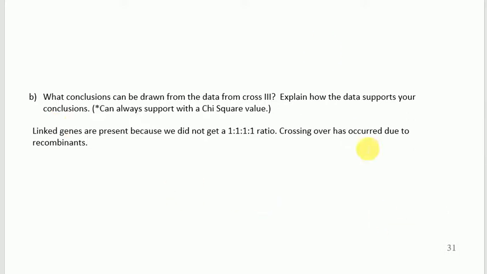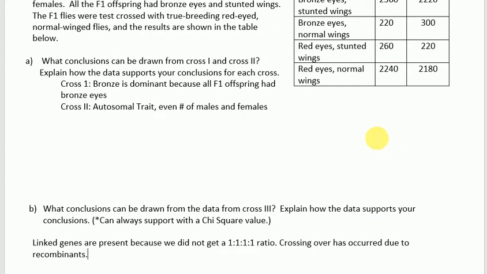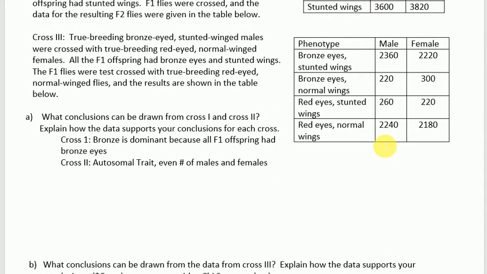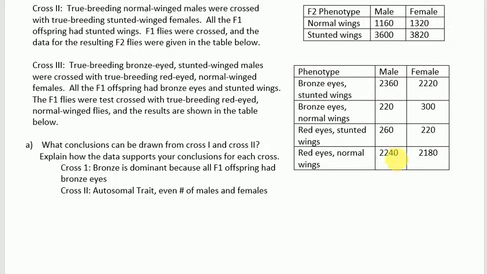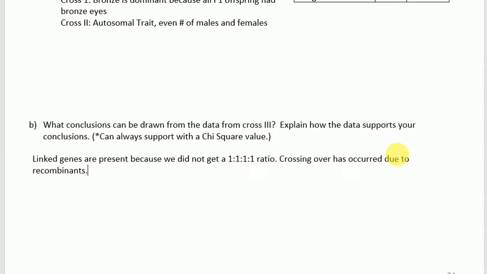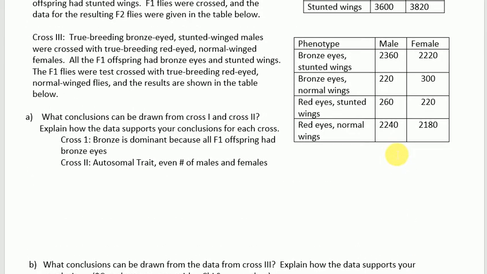And what else can we figure out from cross 3? So explain how the data, so we need to look more at the data here a little bit. The recombinants, we can actually figure out the percentage of the recombinants and how far apart they are.